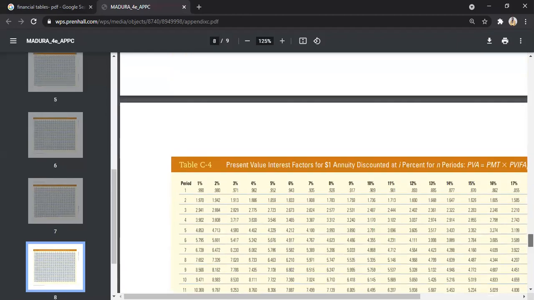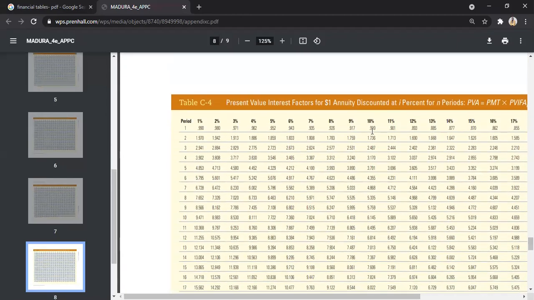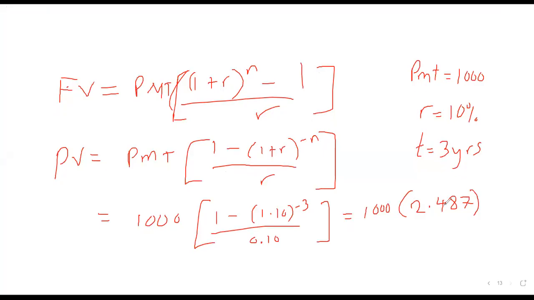You check under 10%, under 3, 2.487. You multiply by 1,000, you get 2,487 as the present value of an annuity.